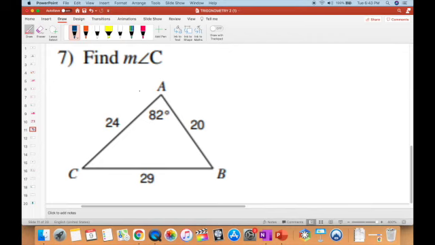What do we want to find? We want to find the angle C, which is this. So what do we have? We have the side C, we have the side A, and we have the angle A. So yes, we could definitely use the sine rule here.